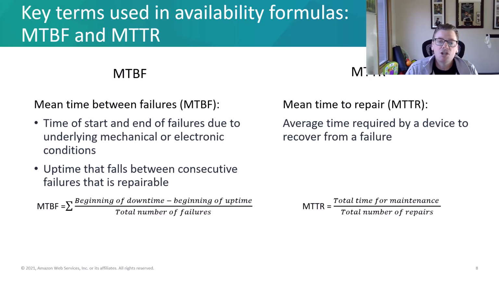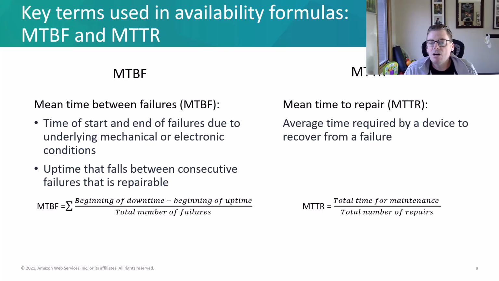What that means is that during their design and manufacturing of those parts, they've tested them up to the point of failure, and they've been able to statistically calculate out what that mean time or average time between failure is on that component part. So that's one of the things that you would look at.